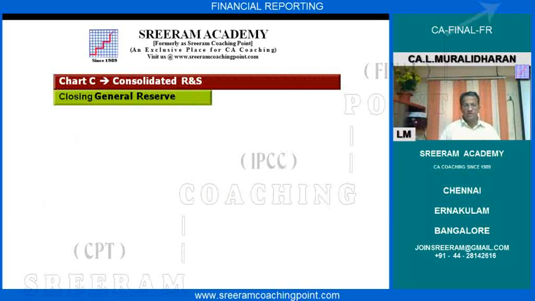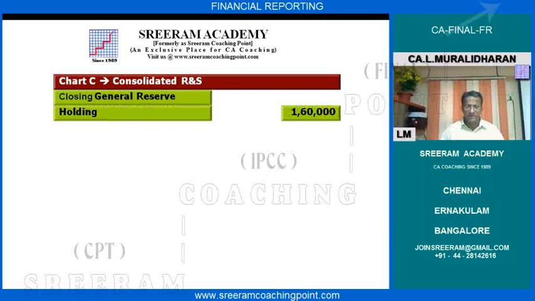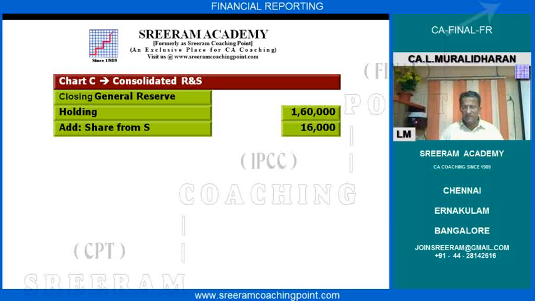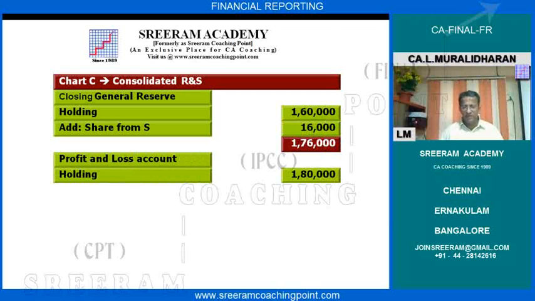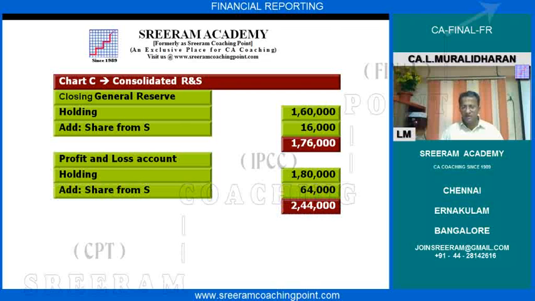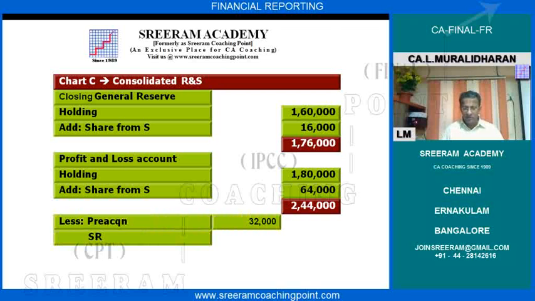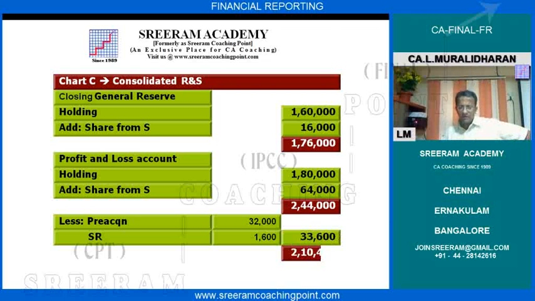Chart C, consolidated reserves and surplus, and parent's holding. There is parent's general reserve 1,60,000, share from subsidiary 16,000, total figure 1,76,000. Profit and loss account similarly, parent 1,80,000, add share from subsidiary company 64,000. Then we have to deduct towards stock reserve on transfer of machinery, and pre-acquisition dividend wrongly credited to be rectified, and the final figure is 2,10,400.